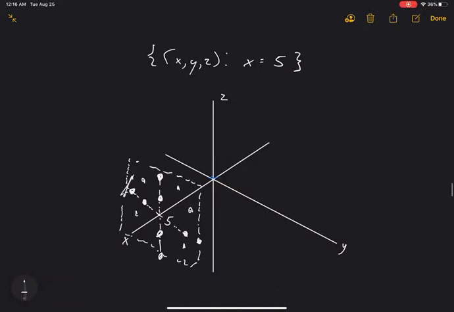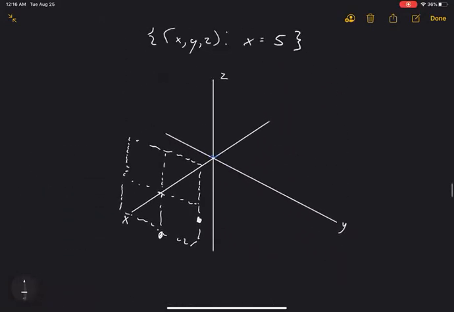So instead of a vertical line, now I have a plane. Let's clean it up a bit. So now I have a plane going through there.